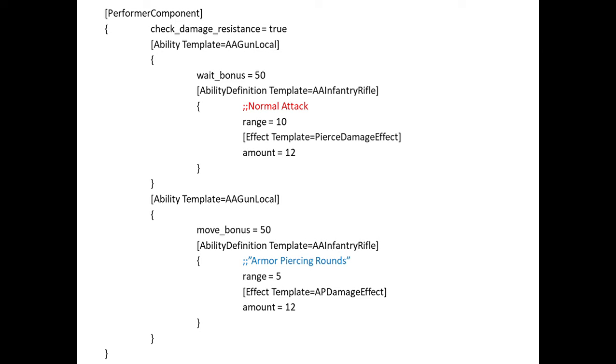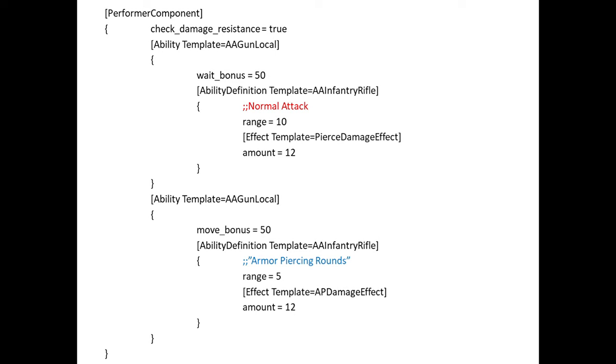And the armor piercing ability has had its move bonus, which in vanilla, because it's a gun local ability, has a move bonus of I think 3. In this case it's been increased to 50. So what does this mean?